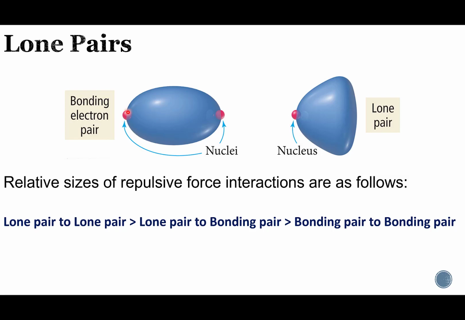When they're sharing those electrons, the space they take up is kind of stretched out between the 2 nuclei. When we're talking about a lone pair, we only have 1 nucleus that they're attached to, and those lone pairs take up a pretty large volume. It's kind of a squatty, fat area, and it tends to be more space than a bonding pair.